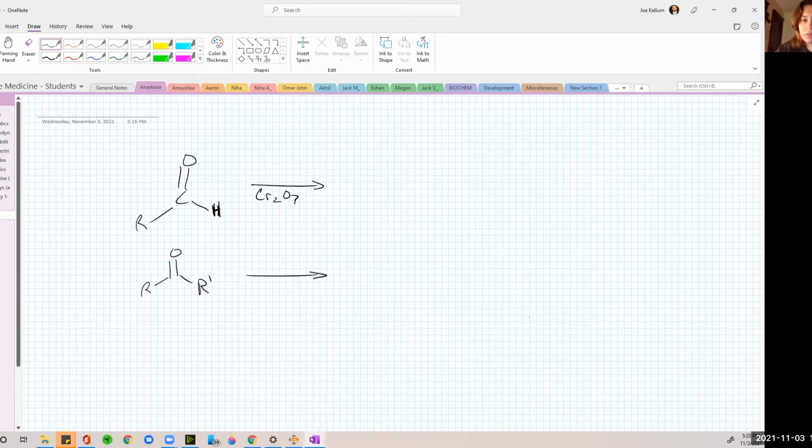Or no, the C and then the R group, and the O will not leave. It will turn into OH. Which O is going to turn into OH? So the double bond's going to break. It's going to be a single bond, with the O needing more electrons, so the hydrogen will bond there.